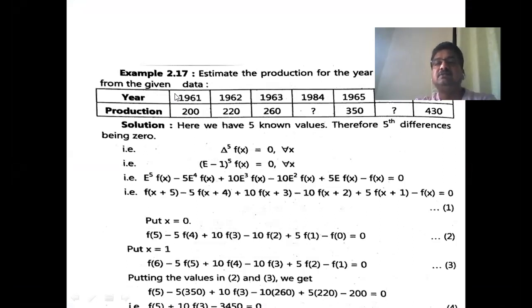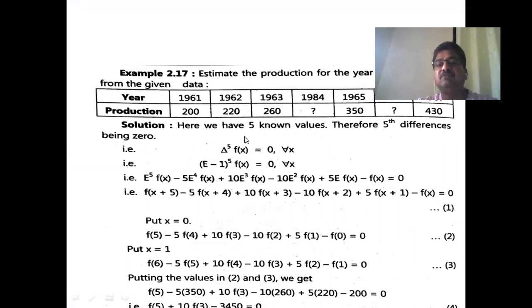That is, two terms are missing. We consider the first row as the values of x, and the second row as the values of f(x). So here 5 values are given: 1, 2, 3, 4, and 5.